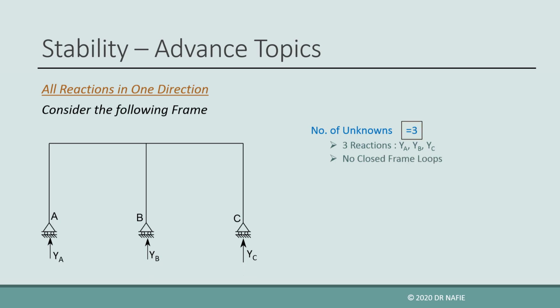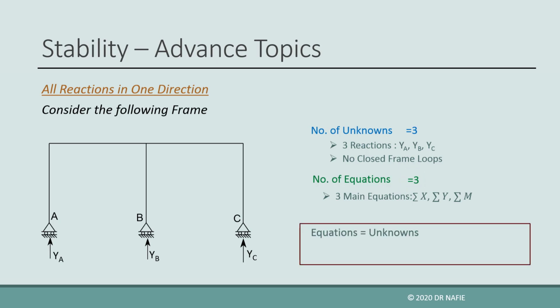The number of unknowns is equal to the number of equilibrium equations, which is equal to 3. This should indicate a stable structure according to the stability check rules. In reality, however, this frame is unstable.